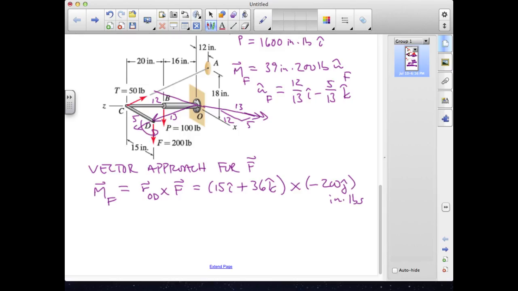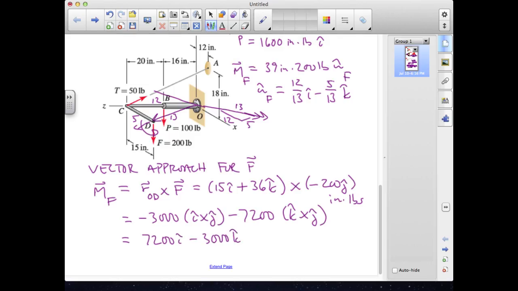And that ends up giving us 15 times 200, we have minus 3,000 of I cross J, and we have 36 times minus 200, it's minus 7,200 K cross J. And that result again is 7200 I minus 3000 K inch-pounds. And we can verify that this result is the same as this scalar result that we have here.